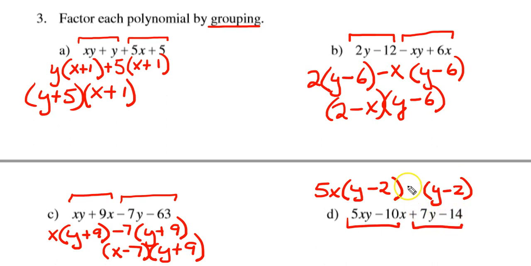A plus 7. So in writing this, then I get 5x plus 7, and then my common factor out of each, y minus 2. And I've done this through the process of grouping, which is a good method to be familiar with.